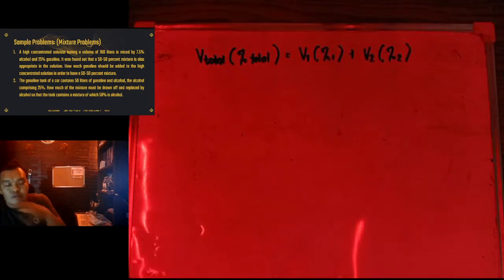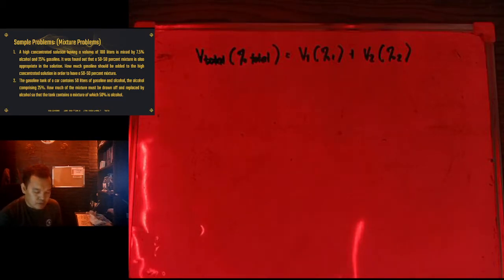Okay, so based dun sa problem, we have here 100 liters of mixture na 7.5% alcohol and 25% gasoline. So, yung pinag-usapan naman dito, how much gasoline should be added. So, yung percent ng gasoline na ang titingnan natin dyan. No? Okay, so we have here ilang gasolina daw yung idadagdag para makakabuo ka ng 50-50% na mixture ng gasoline.